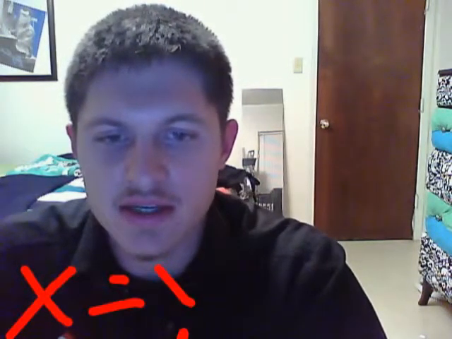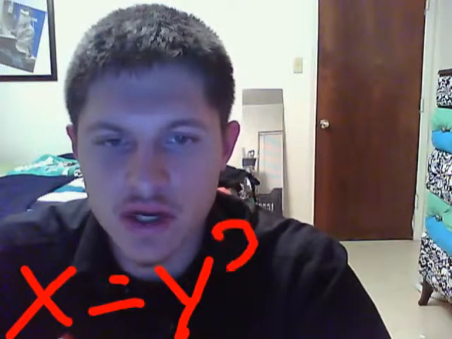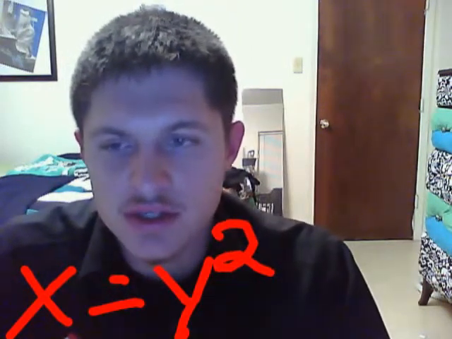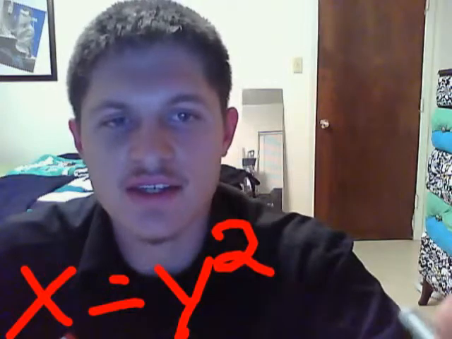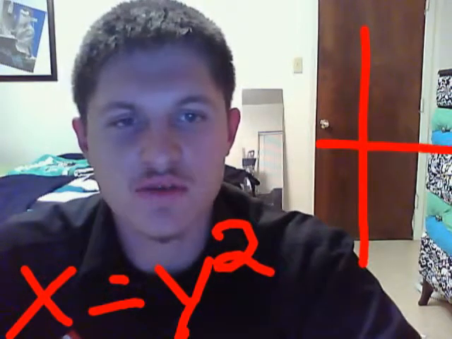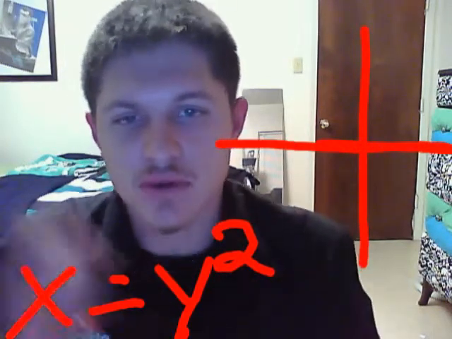When graphing parabolas, you would have equations such as x = y squared. As you can see, the y is squared in this equation, which means the graph opens either to the left or the right.